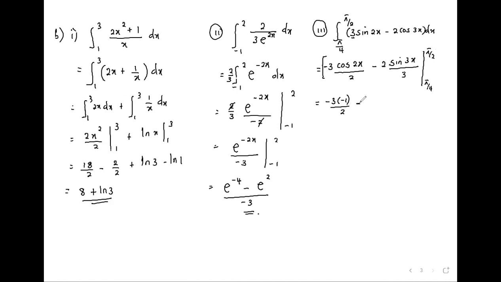Here now we have 3 pi over 2, that's 270. And sine 270 is -1. So we get positive 2 over 3.